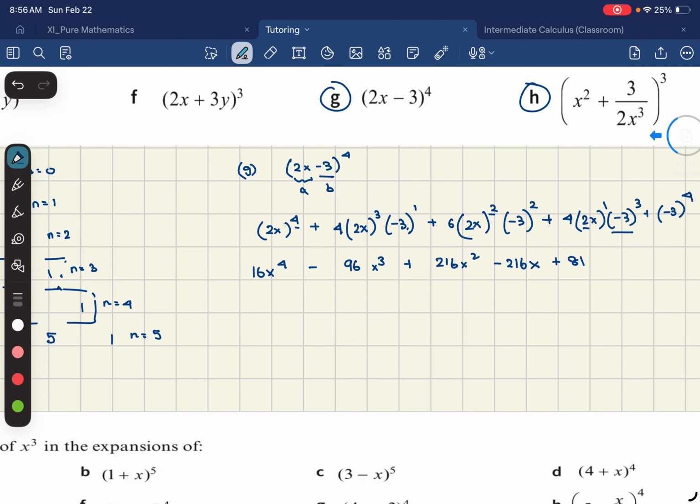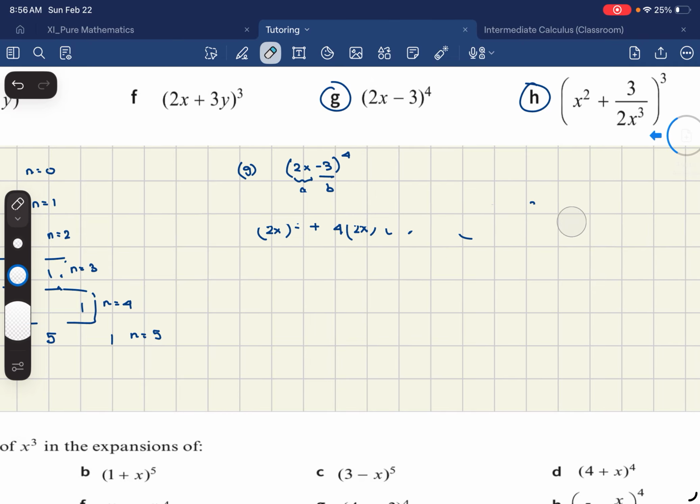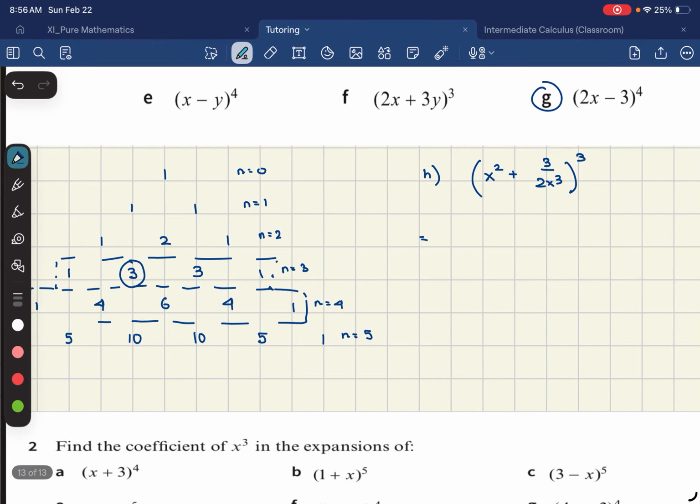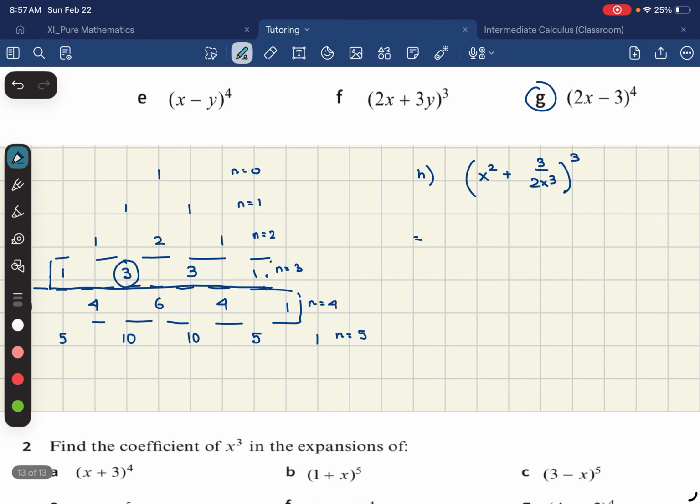And let's do H. It's the same idea, just the manipulation is a bit tedious in this case. It's x squared plus 3 over 2x, cubed. So n is equal to 3, and you go to the same row again.